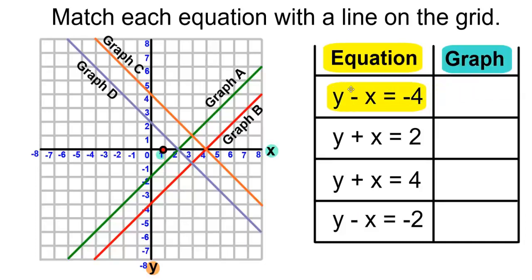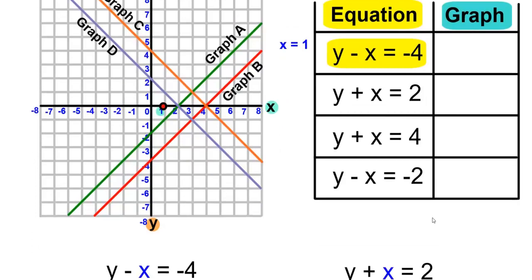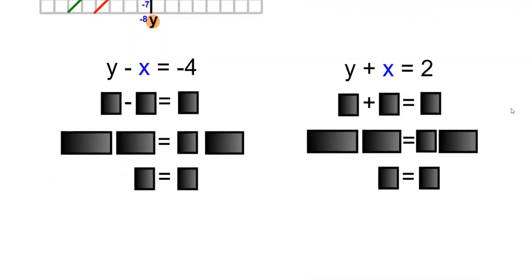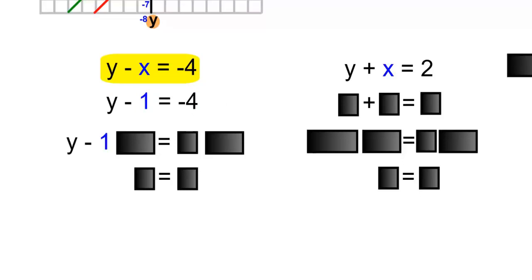Our first equation is Y minus X equals negative 4. So when X is equal to 1, what does Y equal? Y minus X equals negative 4, so Y minus 1 equals negative 4. To remove the minus 1, we'll add 1.